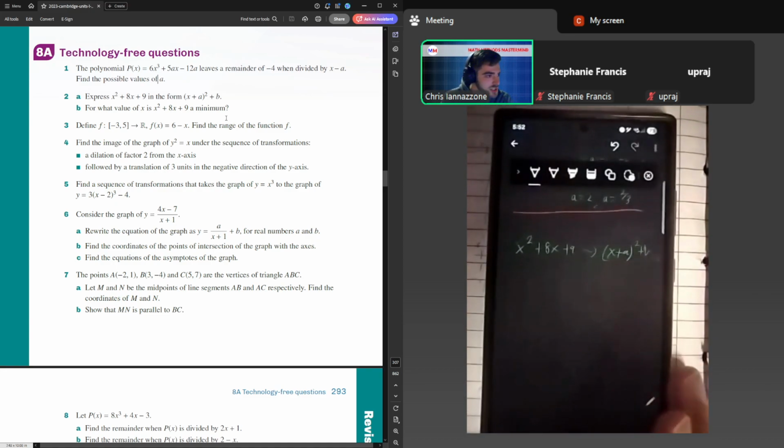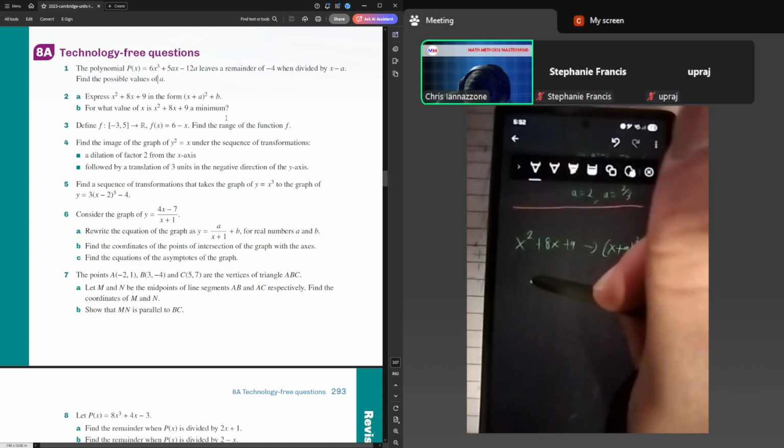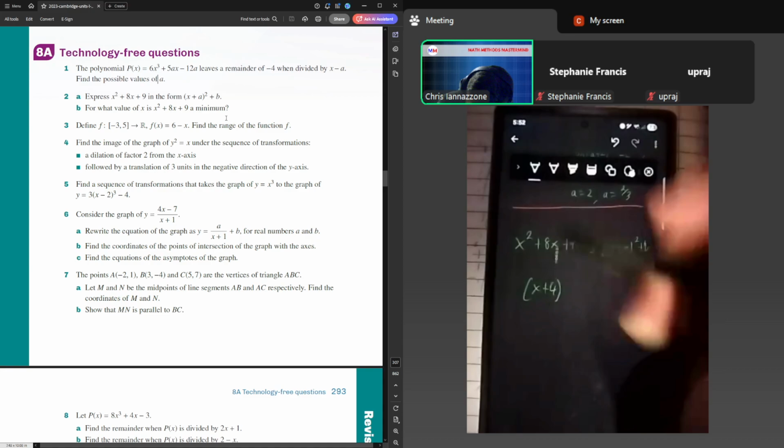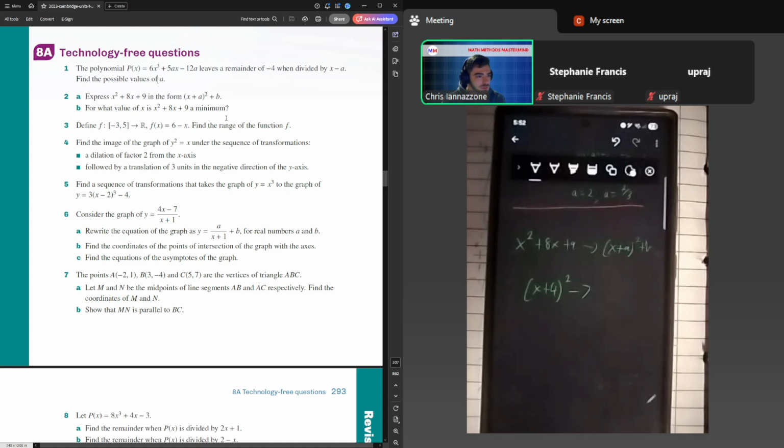The reason why I'm doing it is because it's going to help us with the second question, part B: for what value is that quadratic at a minimum? The fact that this is x plus 4 all squared minus 7 is going to be helpful for that. For what value of x do we achieve a minimum?